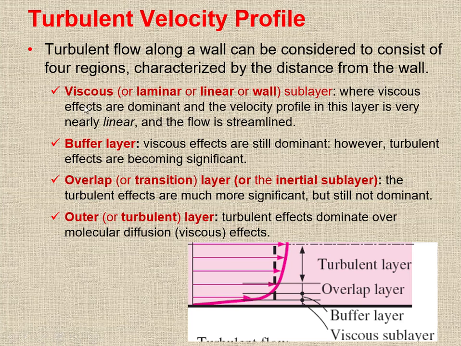The first is the viscous sublayer, from the pipe surface to the straight line you can see, where viscous effects are dominant and the flow is streamlined.